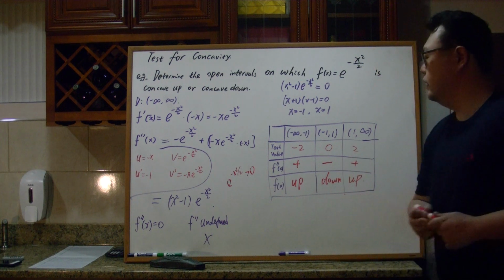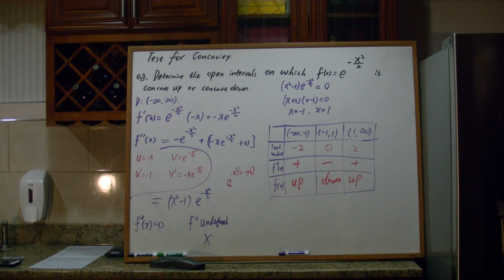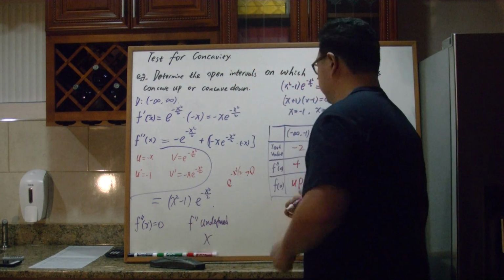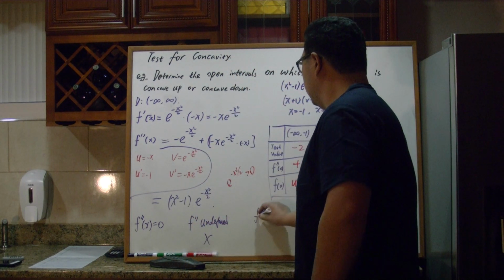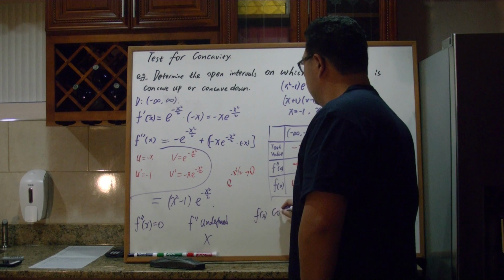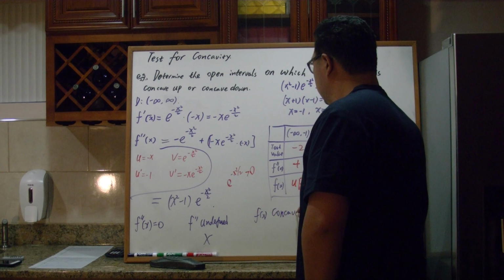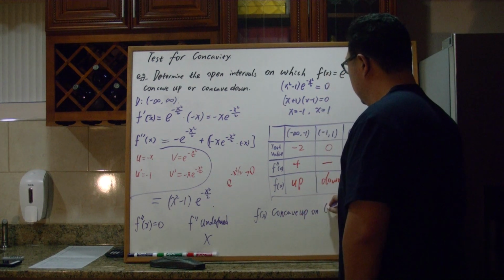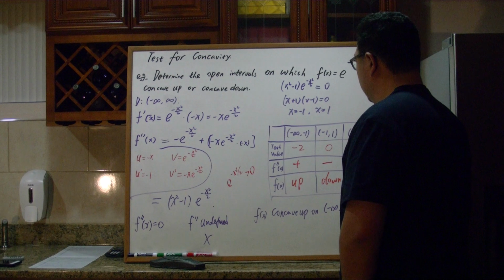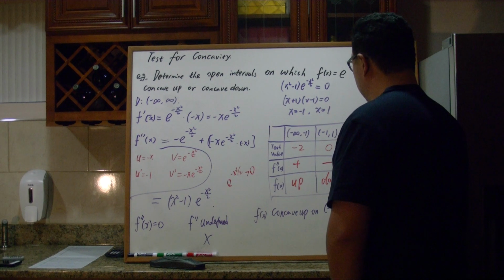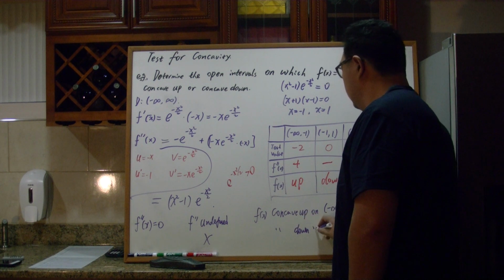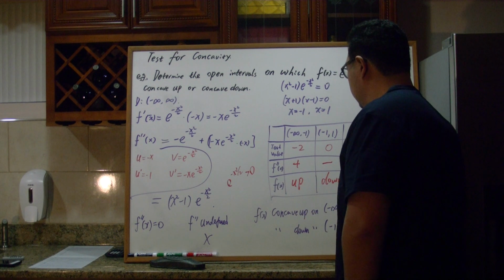After we see the sign of f double prime, we know already what f of x looks like. So f of x is concave up on the intervals negative infinity to negative 1 and 1 to infinity, and concave down on negative 1 to 1.